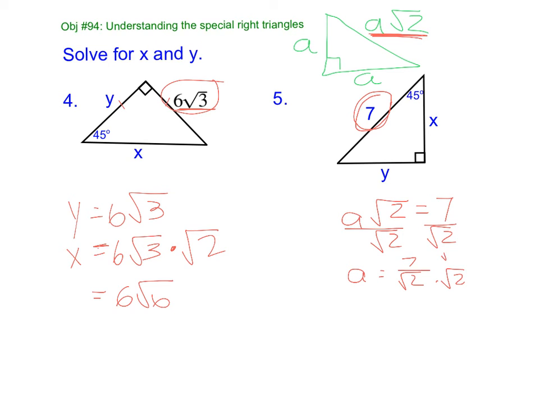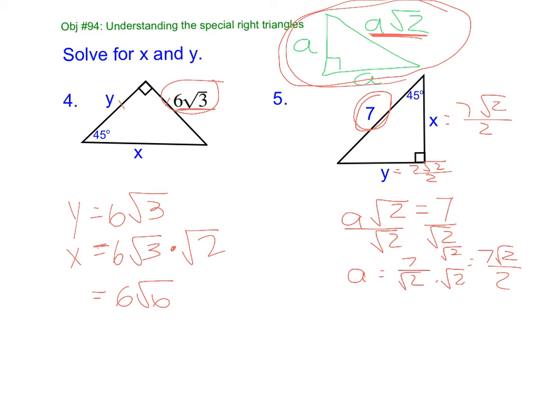Root 2. So we get 7 root 2 over 2. So both x is 7 root 2 over 2, and y is 7 root 2 over 2. So we take our basic formula triangle, and we set the hypotenuse equal and solve.